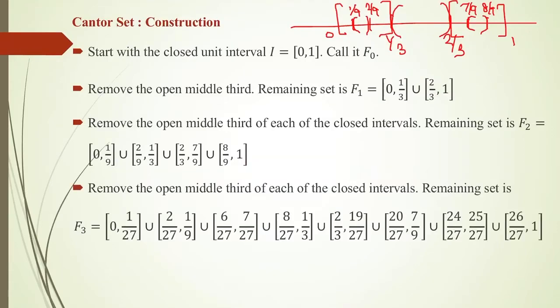We end up with F3, which is equal to the closed interval [0, 1/27] union [2/27, 3/27], which is 1/9, union [6/27, 7/27] union [8/27, 9/27], which is same as 1/3, union [18/27, 19/27] union [20/27, 21/27], which is same as 7/9, union [24/27, 25/27] union [26/27, 27/27], which is same as 1.